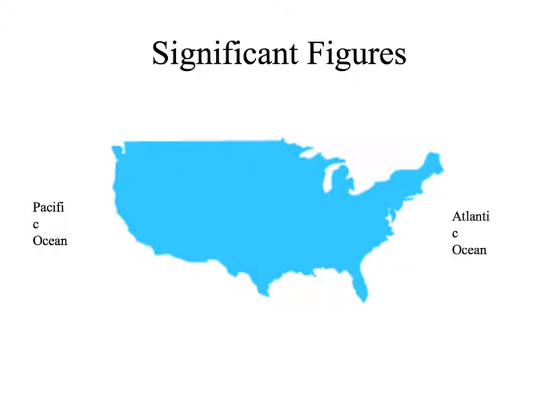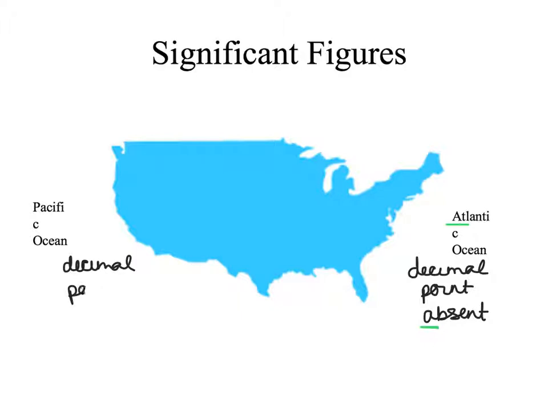When we're in the Atlantic Ocean, we're going to think about decimal point absent. Atlantic absent. And when we're in the Pacific Ocean, we're going to think about decimal point present. So we have Pacific present.